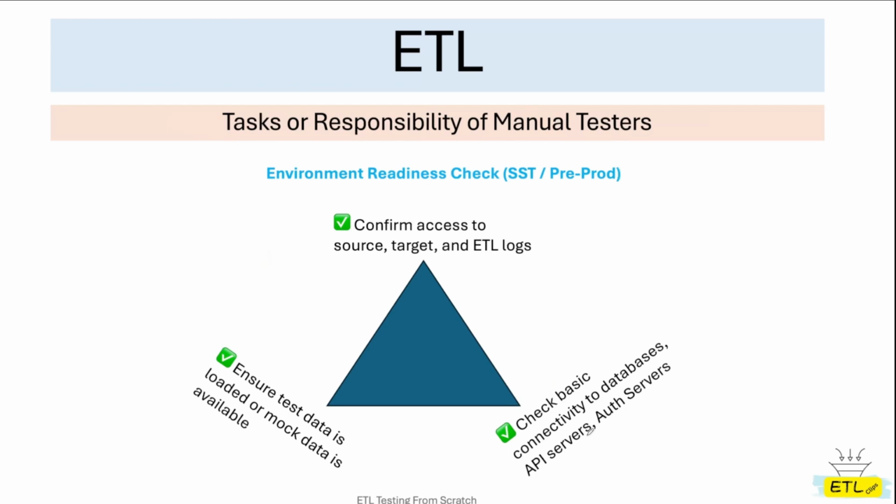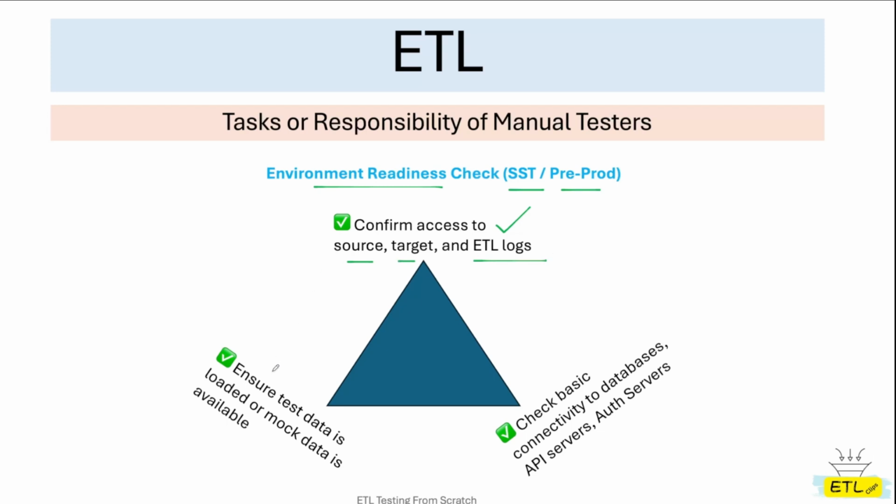Now the next one is tasks or responsibilities of a manual tester. What all things should a manual tester do? Environment readiness check, whether it is a system testing environment or a pre-prod environment. Make sure you have access to source, target and logs. Logs can be your ELK stack, which has Kibana.